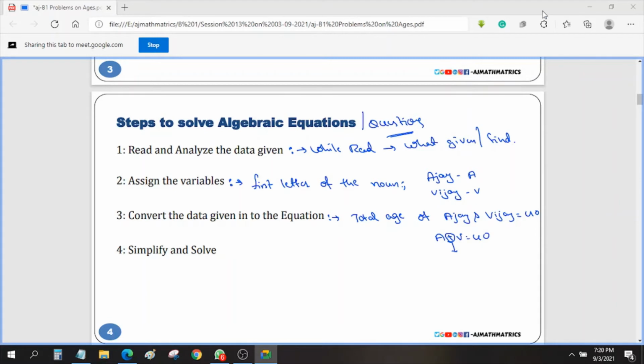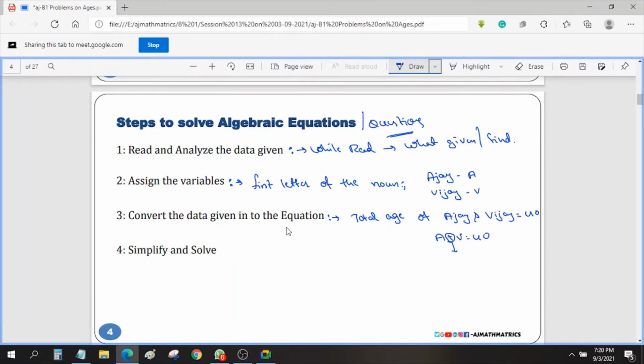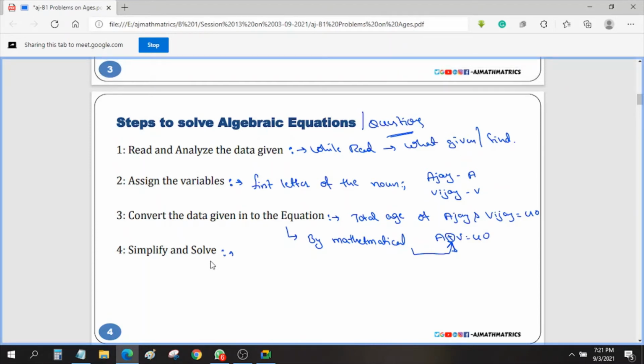Okay, so by using mathematical operations, we convert the data into the equation. Now then, after converting the data into the equation, what will happen? We'll get 2 or 3 equations or sometimes 1 equation, then we can easily solve. Okay, so these are the 4 steps we need to follow to solve algebra questions.